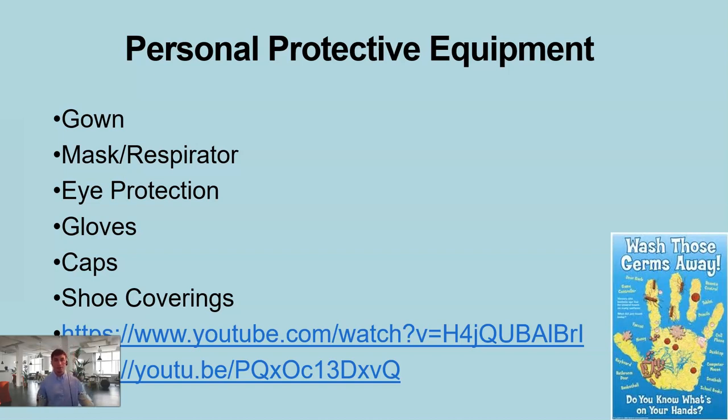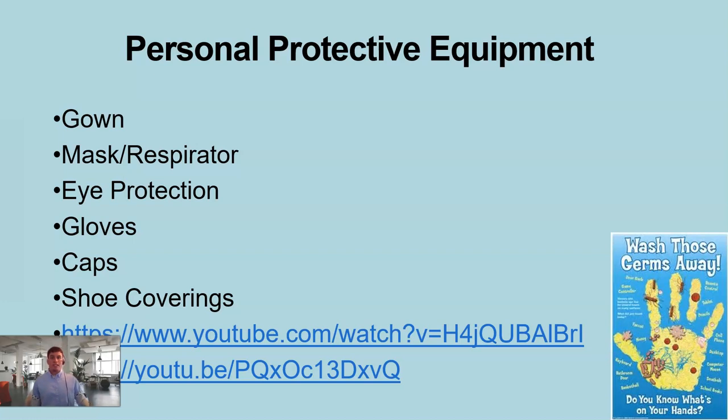Waterproof gowns are used when there is the possibility that healthcare providers' clothes will become soiled. Gowns are only used once and then they are discarded. Most healthcare facilities use disposable gowns. It's not often you see them being cleaned after each use.